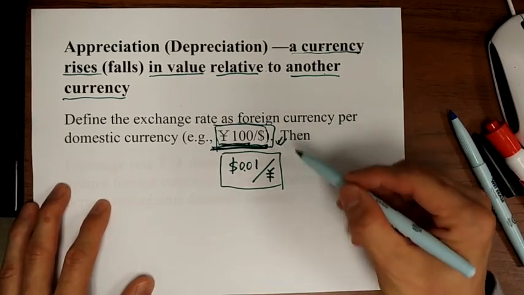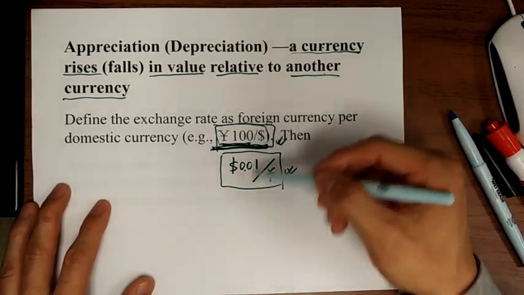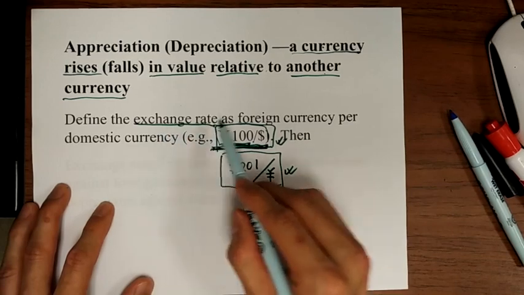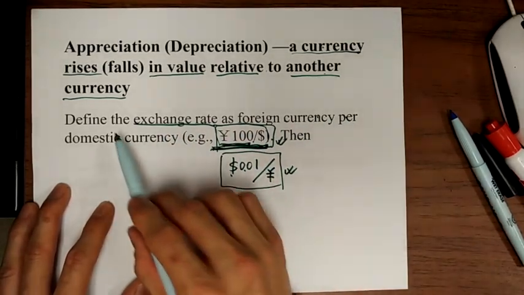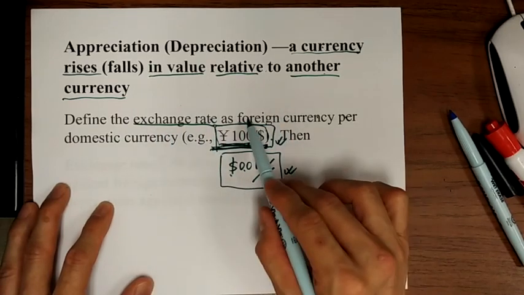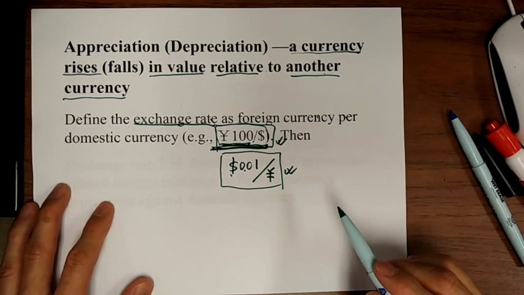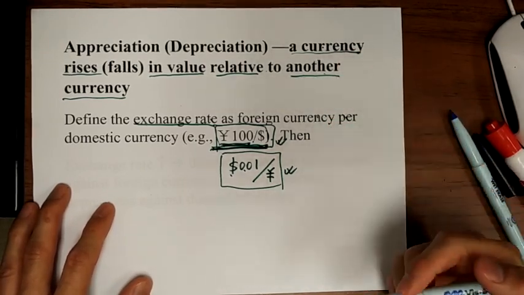So which one is correct? Well, both are correct. They just have different expressions. One specifies exchange rate as foreign currency per domestic currency. The other one defines exchange rate as domestic currency per foreign currency. It's just a matter of taste, a matter of preference.